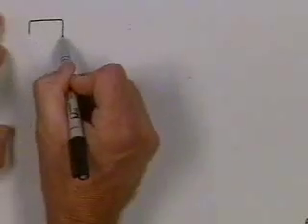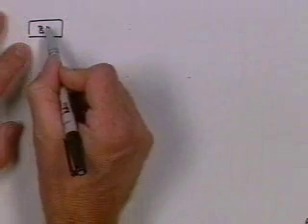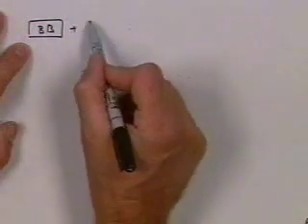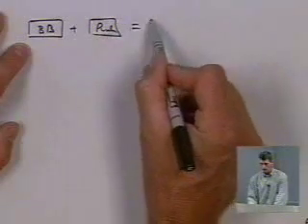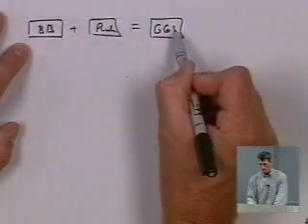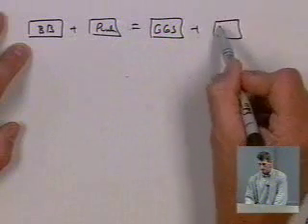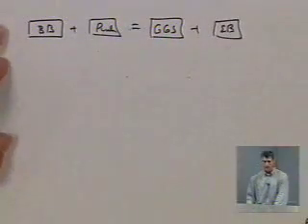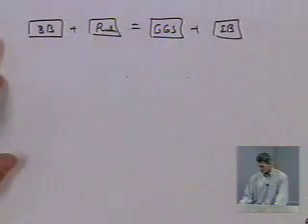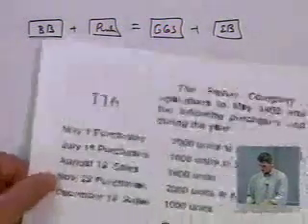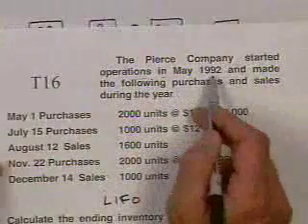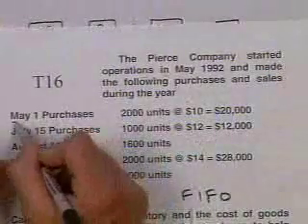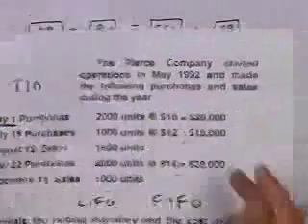And anytime I do inventory, I use 4 boxes. So I'm going to have a beginning balance plus purchases is equal to cost of goods sold, plus ending balance. Now, in this case, notice it says the Pierce Company started operations in May 1992. So I'm going to assume that this May 1st amount was the beginning balance.